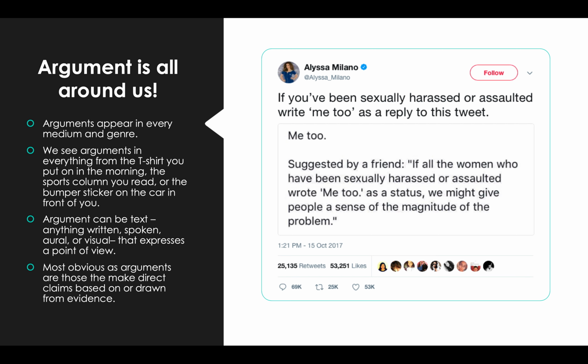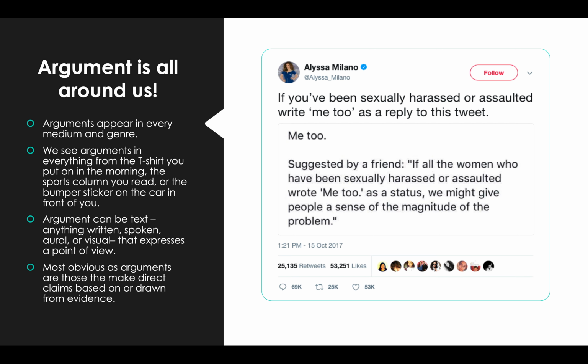So here's just an example up here. Alyssa Milano did not start the Me Too movement, but she tweeted this on October 15th, 2017. She just said, if you've been sexually harassed or assaulted, write Me Too as a reply to this tweet.